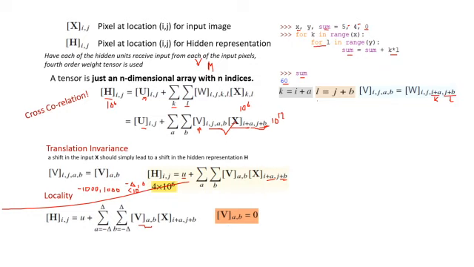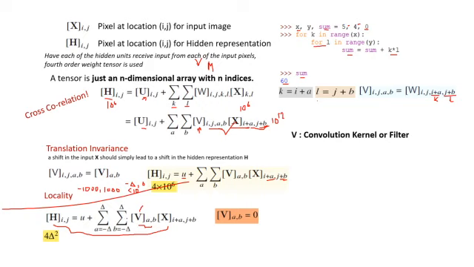This is what you call a convolution layer, and this V is known as a convolution kernel or a filter.